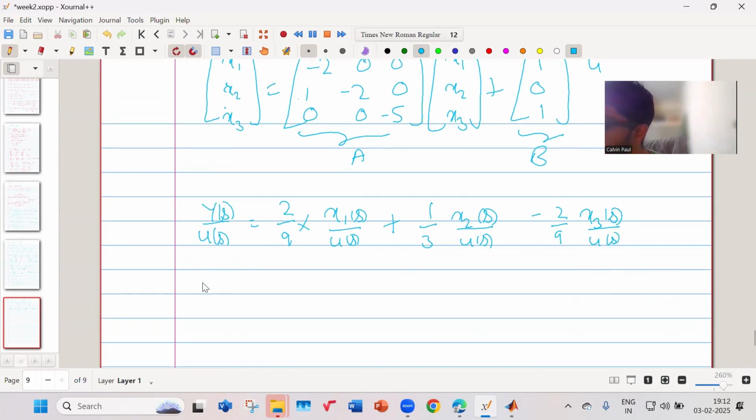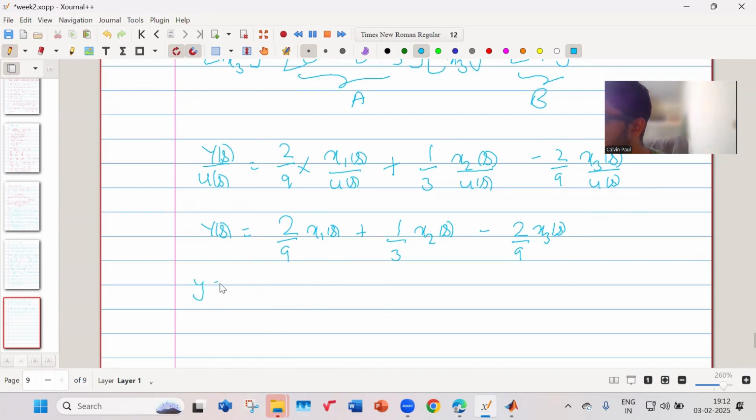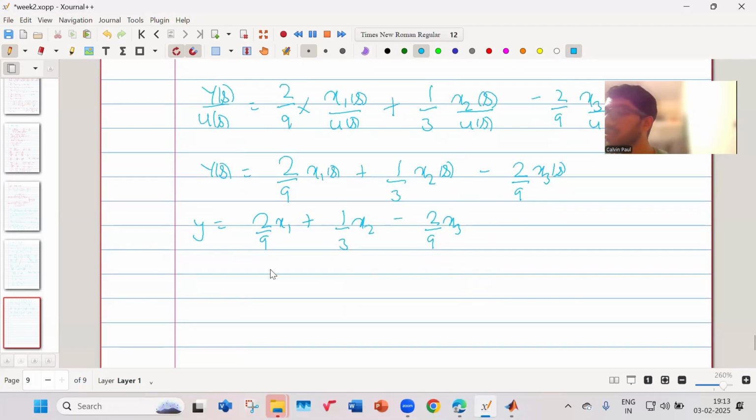So what it becomes? Y of s is 2 by 9 x1 of s plus 1 by 3 x2 of s minus 2 by 9 x3 of s. So y is 2 by 9 x1 plus 1 by 3 x2 minus 2 by 9 x3. Okay, so what do we get?